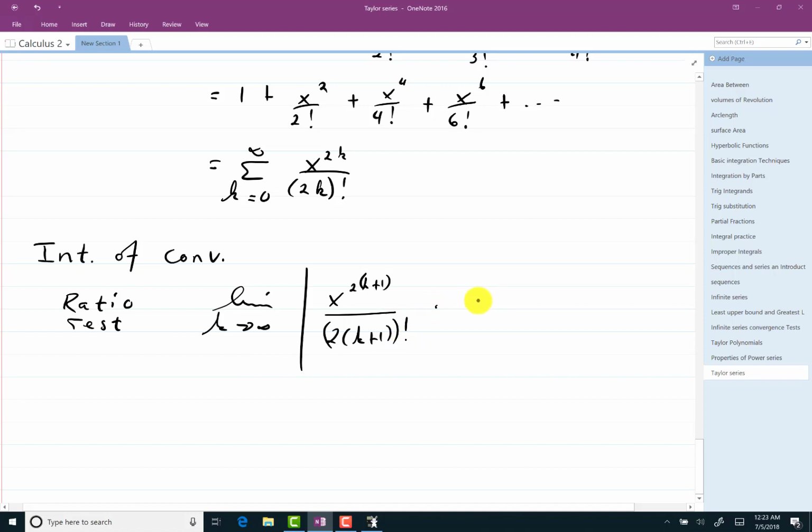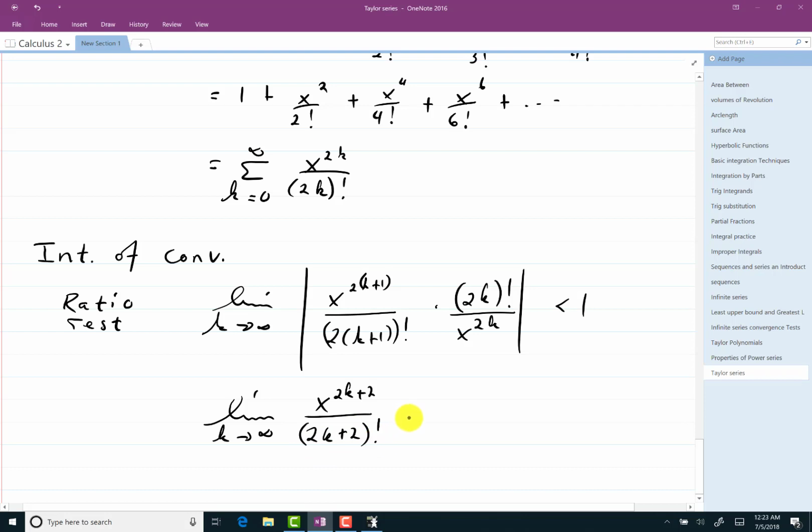I'll have 2k factorial all over x to the 2k. Now, all these things being to even powers means nothing's going to be negative, so I can drop my absolute values. And then here I'm going to have x to the 2k plus 2 all over 2k plus 2 factorial times 2k factorial all over x to the 2k, and that's supposed to end up being less than 1.